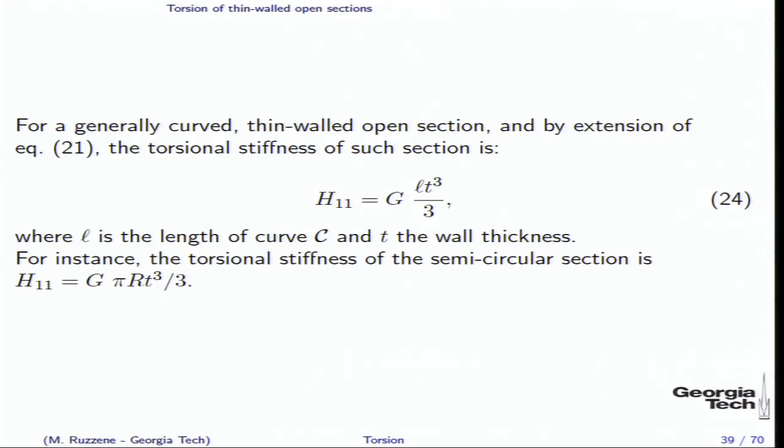So if you use the same expression that we evaluated for a rectangular cross section for torsional stiffness, you just replace B, because in our case B was the length along the S coordinate. If you take that length and replace B with it, you should get a reasonable estimate of the torsional stiffness for any kind of cross section.